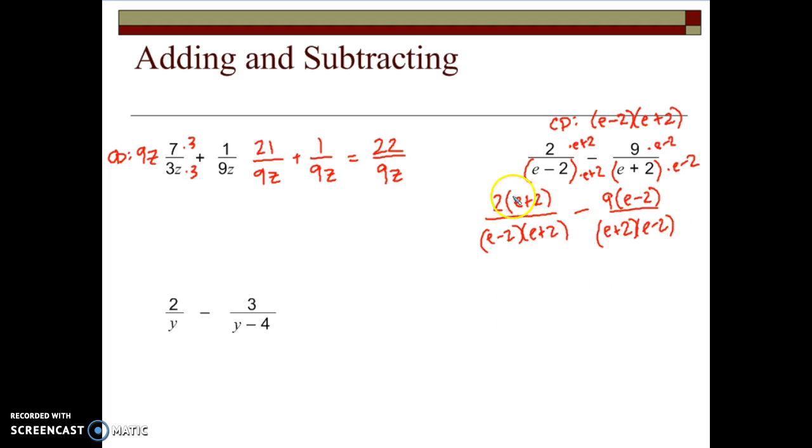Okay, so I've got to distribute. For this one, I'm distributing a 2. For this one, I'm distributing a negative 9 because of that minus sign. So 2 times e plus 2 is 2e plus 4. Negative 9 times e minus 2 is going to be negative 9e plus 18.